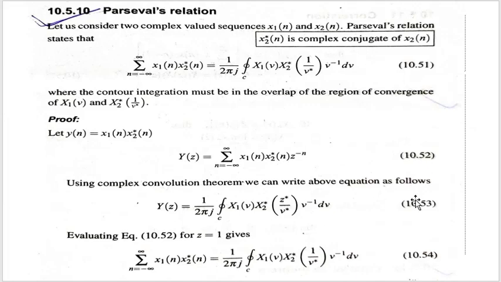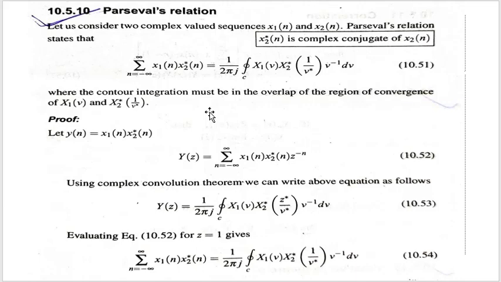Then the next property is Parseval's relation. Parseval's relation is named after the person who quoted this relation for the complex conjugate terms. So what is the constraint here? Consider two complex valued sequences, X1 of n and X2 of n.